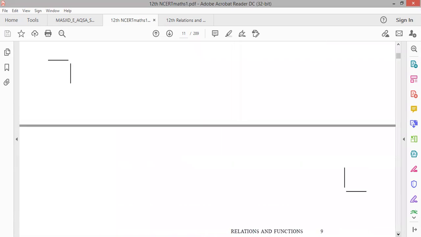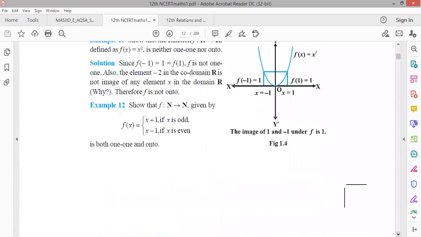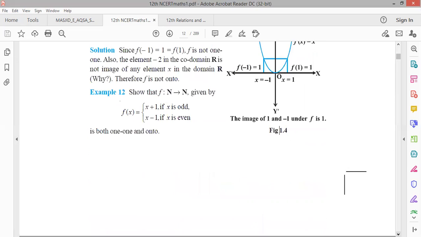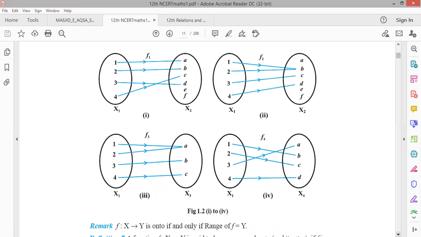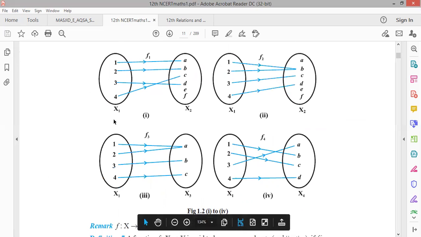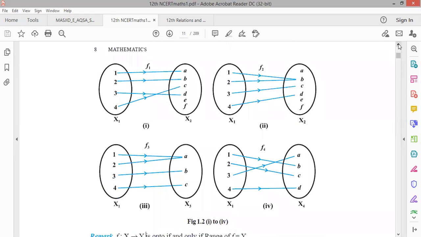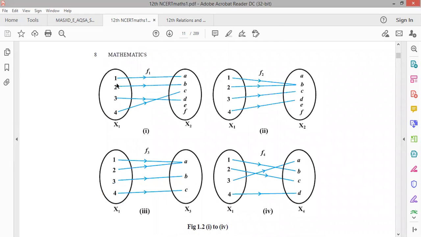Before going to the exercise, we would like to highlight here some functions, and we will check whether these are one-one, onto, or bijective functions. We have one function given in part number first, that's f1. In the domain we have 1, 2, 3, 4.